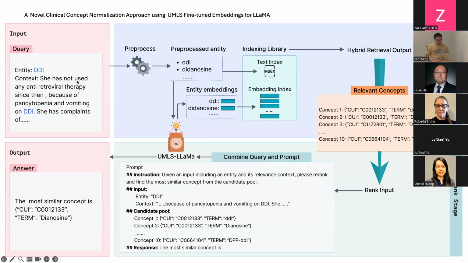For a given input query containing an entity and its surrounding context, we input this query into the pre-processing module to process the query entity. For example, for the entity DDI, after pre-processing, we get the lowercase ddi, and also we can get several expanded full names of the abbreviation DDI.